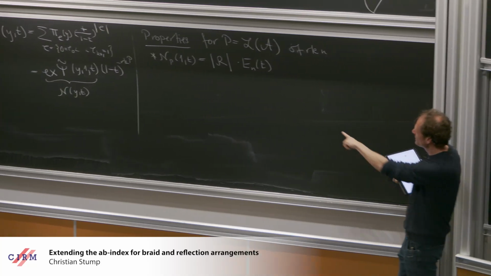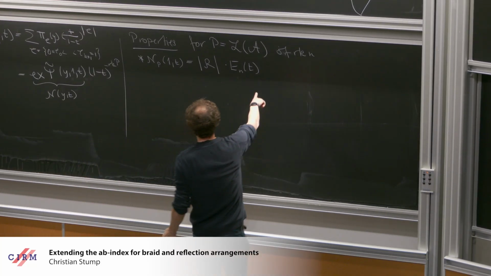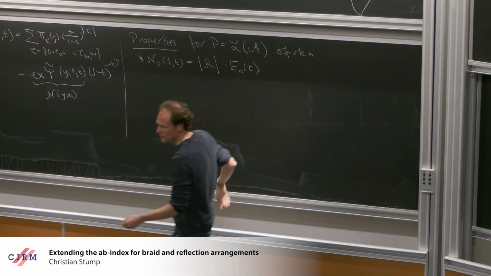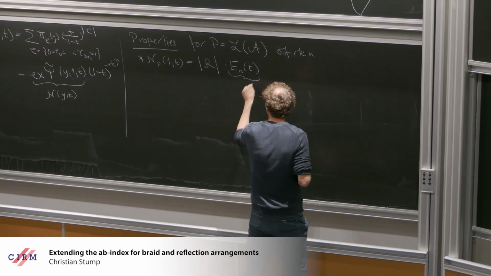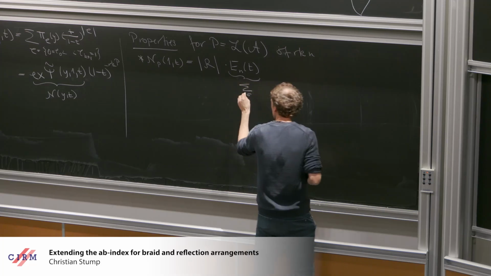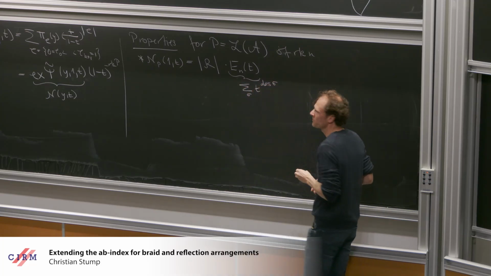So when you plug in y to 1, you're actually getting back a multiple of the Eulerian polynomial. The Eulerian polynomial was the generating function of descents on permutations. So this is equal to the sum of all permutations sigma, and then t to the descents of sigma.